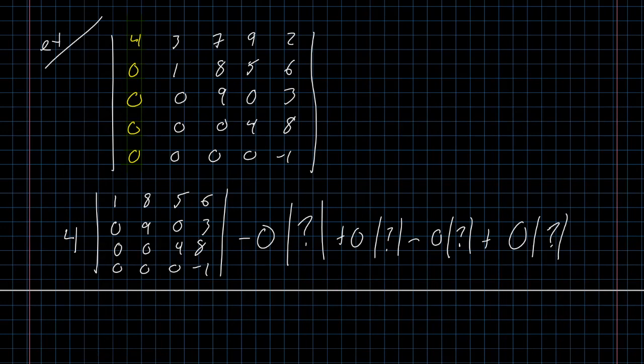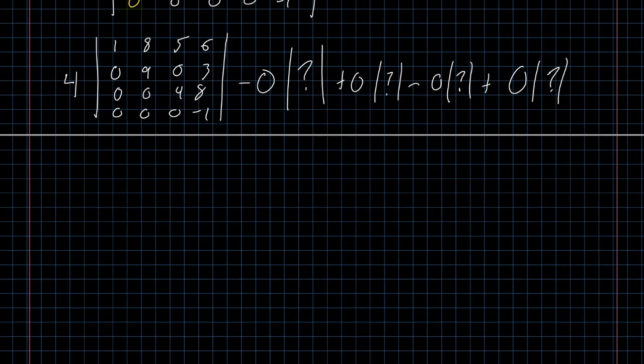I don't need to know what any of those cofactor matrices are, because when I take the determinant, I'm going to get a number, and whatever number it is, I'm going to multiply by 0, and I'm immediately going to get 0. So by finding that column that was mostly zeros, I was able to shortcut literally 80% of the problem.